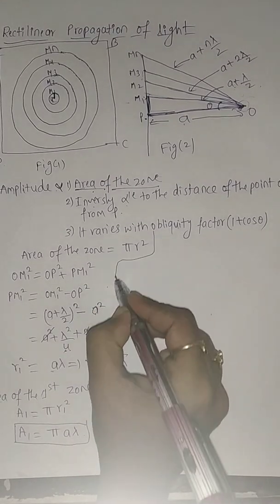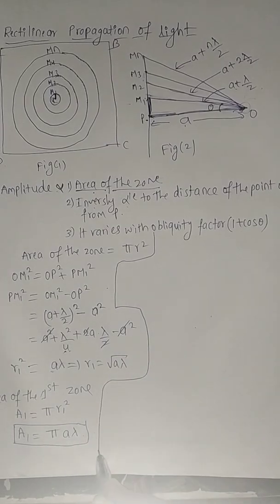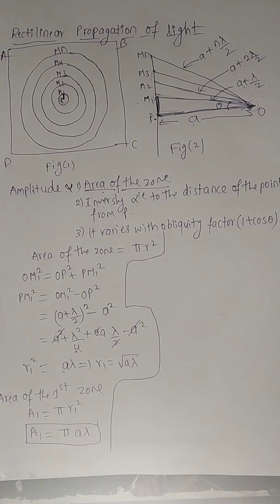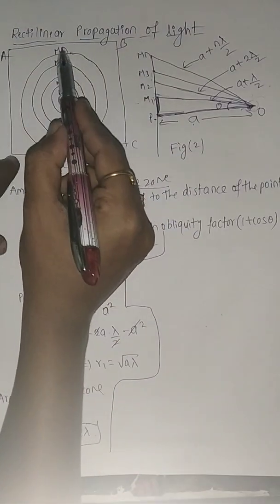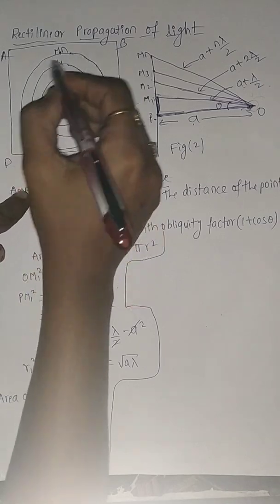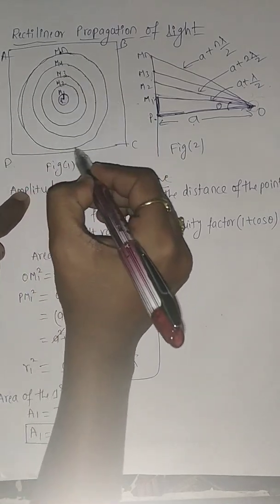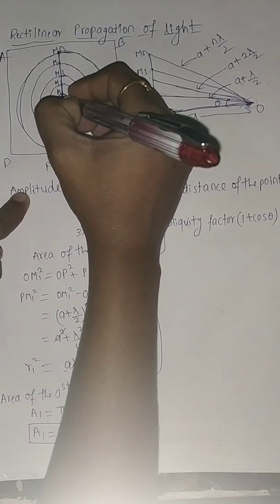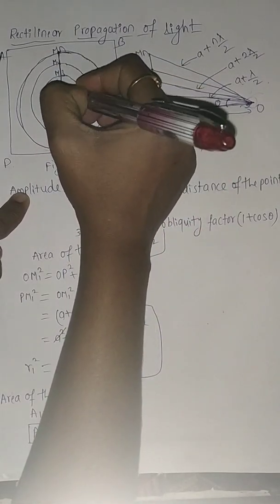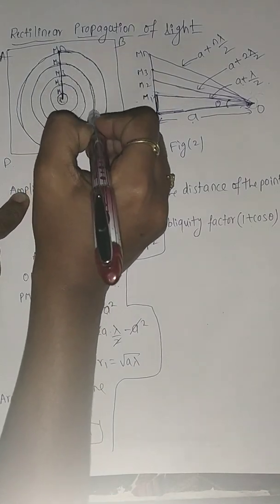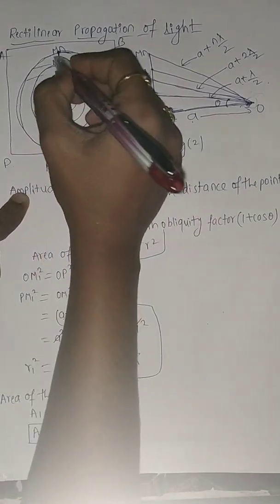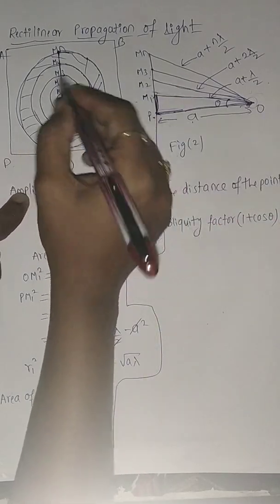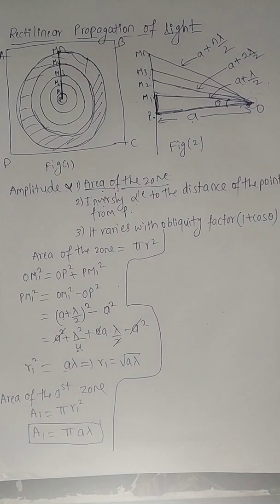Next, I'll find the area of the nth zone because I want to know how the area is going to change. The area of the nth zone means the whole circle radius from P to Mn, and here we should subtract the (n minus 1)th, then only we can get this much area. Only the shaded part I need, not the in-between part.